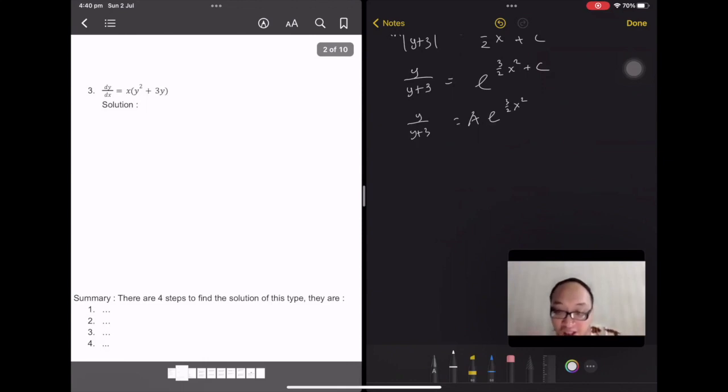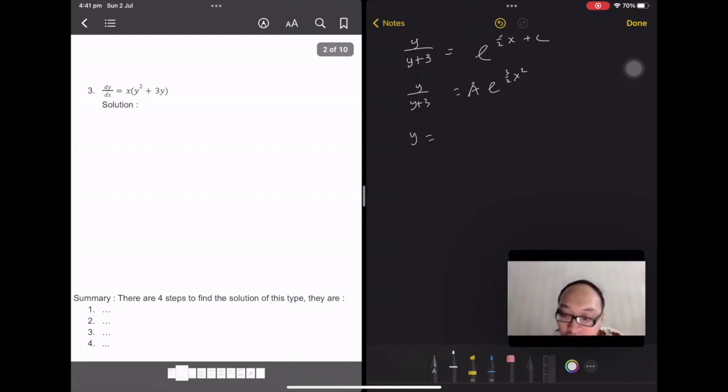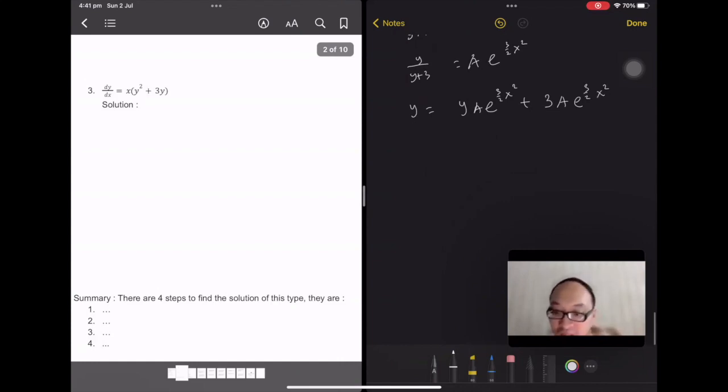So we can cross multiply. So y equals y a e^(3 over 2 x squared) plus 3a e^(3 over 2 x squared). And then we collect the y terms: y minus y a e^(3 over 2 x squared) equals 3a e^(3 over 2 x squared).